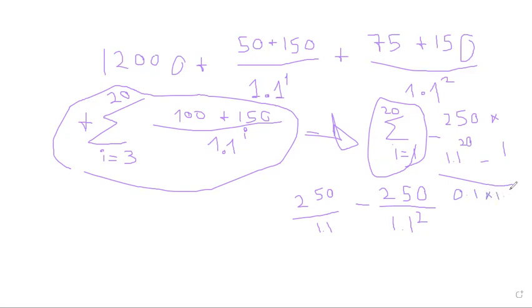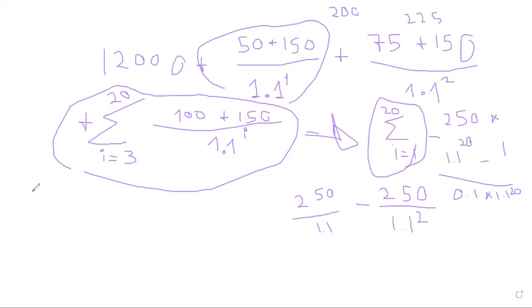If I group my terms, I will have two terms multiplying the summation, because I summed maintenance and operation in one term. So here I will have two terms over 1.1. I should do this, which is 200 minus 250 over 1.1, so I will get minus 50 over 1.1. And here I have 225 minus 250 over 1.1 square.